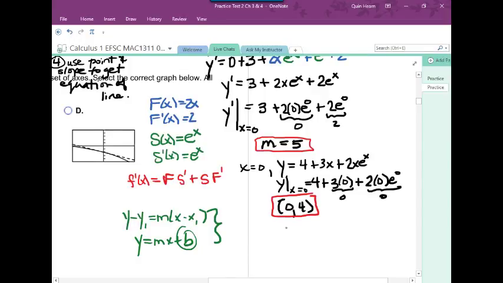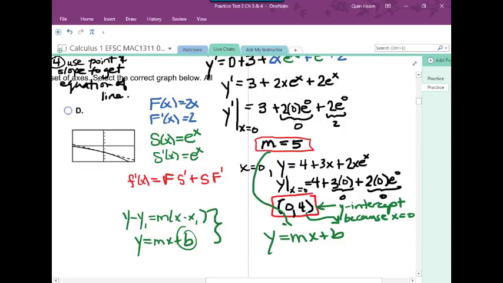But in this particular case, the problem is actually easier because this happens to be a y-intercept. And the reason I know it's a y-intercept is because the x-coordinate is 0. So whenever that happens, you definitely want to use y equals mx plus b because you know b and you know m, right?